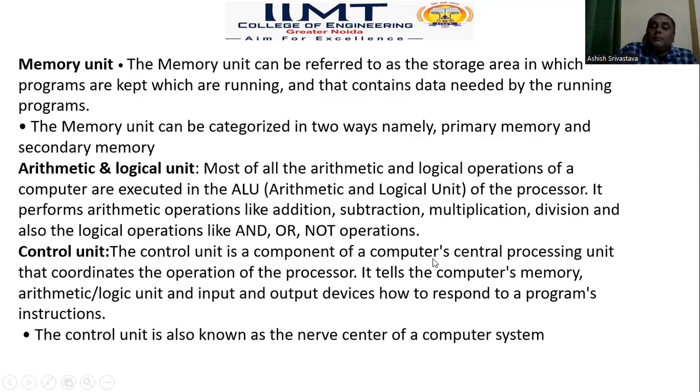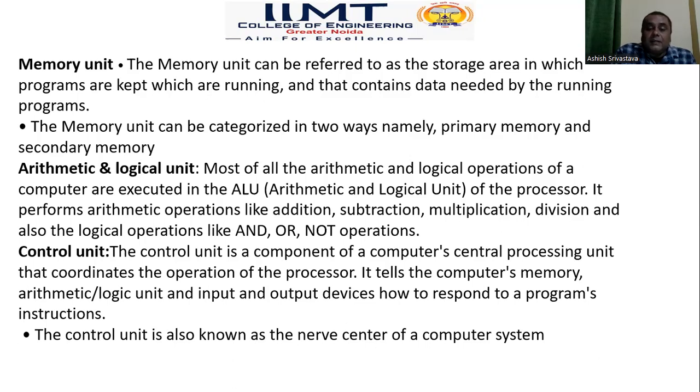The control unit is the component of the computer's central processing unit that coordinates the operation of the processor. It tells the computer memory, arithmetic logical unit, and input and output devices how to respond to a program instruction. The control unit is also known as the nerve center of the computer system. Control units play a very vital and important role in the CPU.